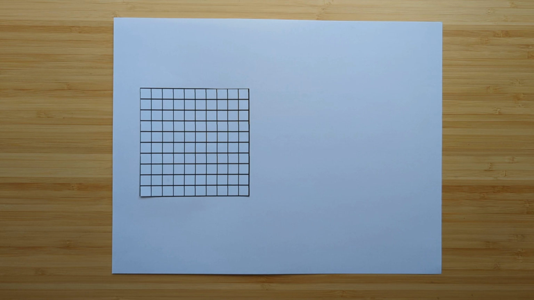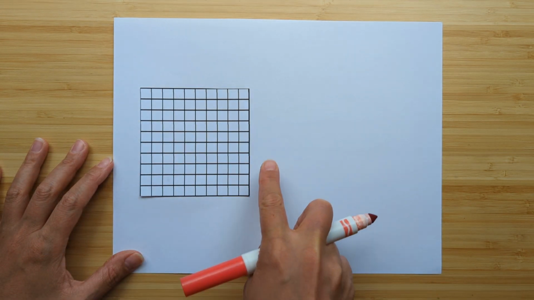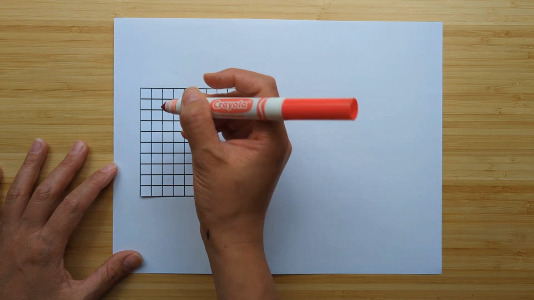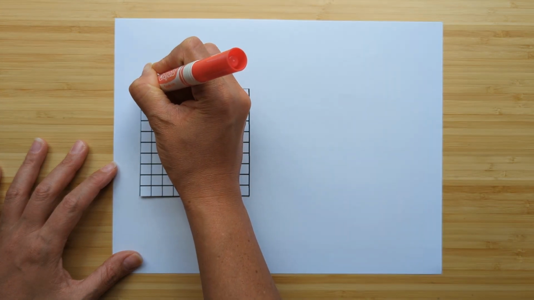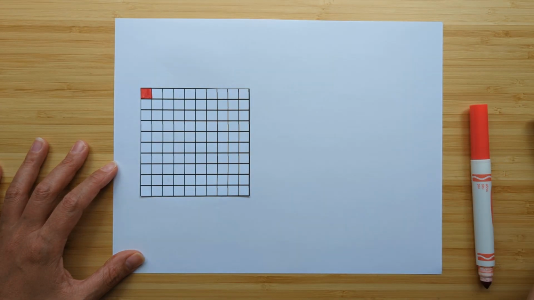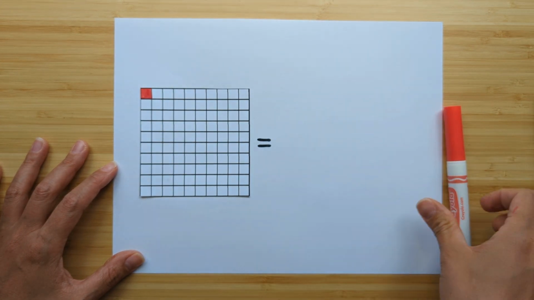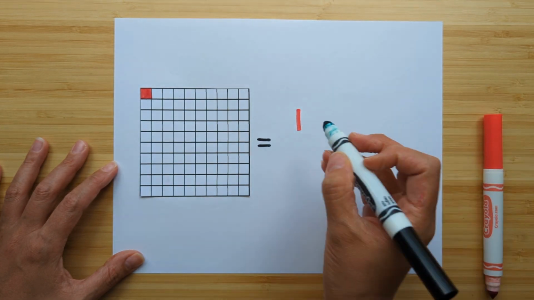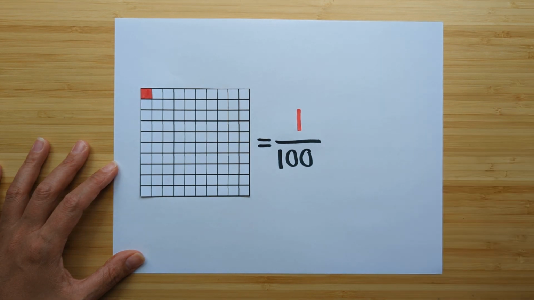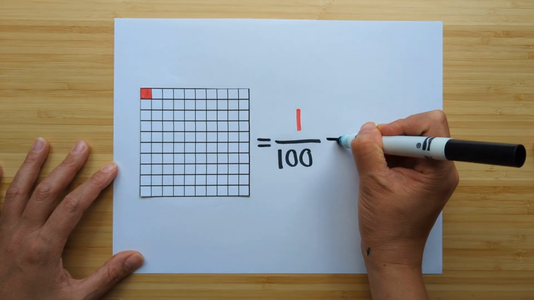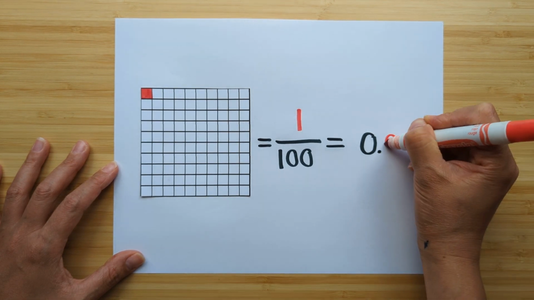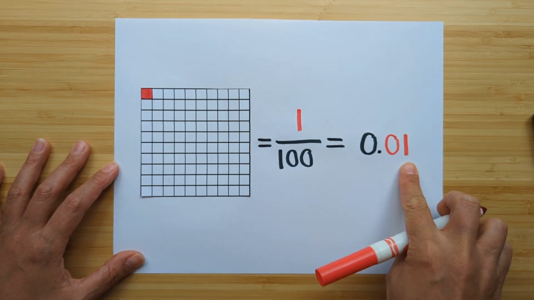All right, let's look at hundredths now. So we have one whole again, but what's different here is this whole is divided up into 100 pieces. If I were to shade in 1 out of the 100 pieces, as a fraction, this would be 1 out of 100, or 1/100th. As a decimal, it would be written as 0.01, 1/100th.